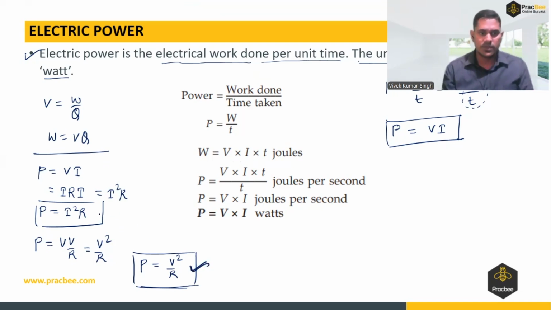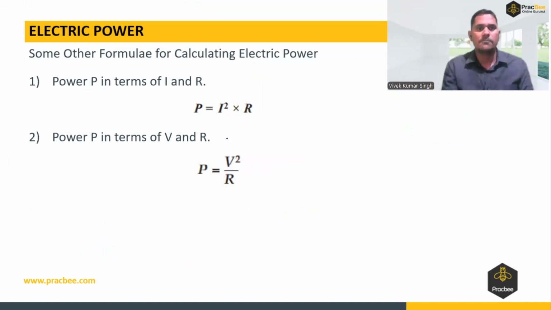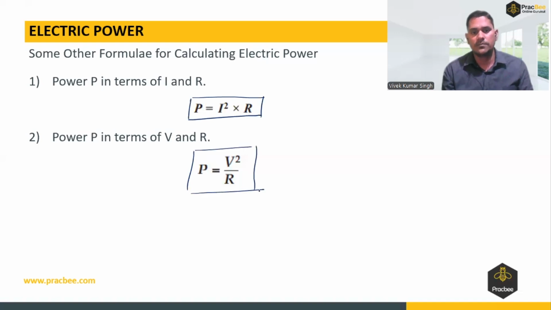And in series combination, the current remains constant, so we can apply the other formula. So here we have power in terms of current and resistance, as seen in the previous slide: P is equal to I square into R, and P is equal to V square over R.